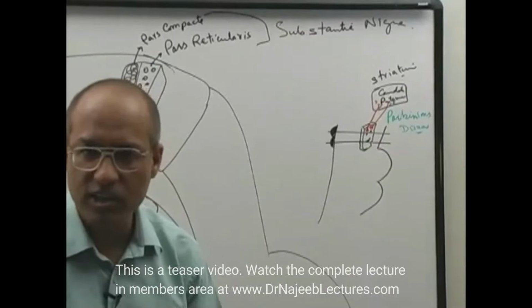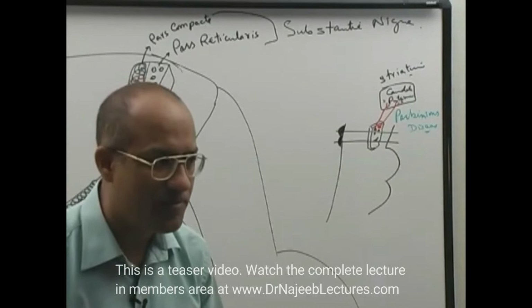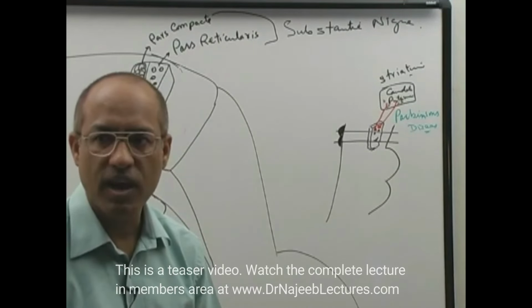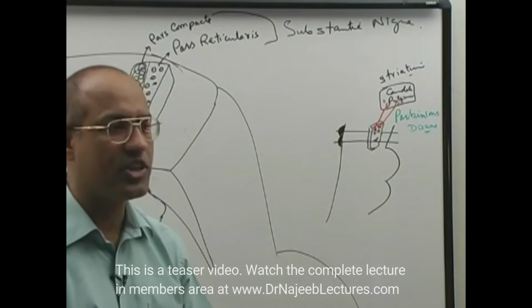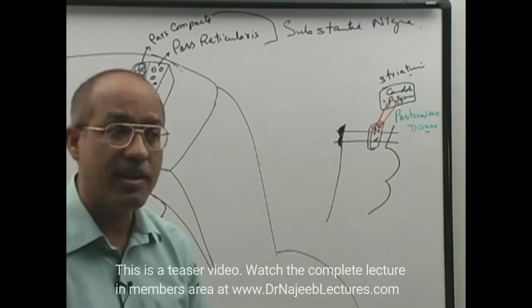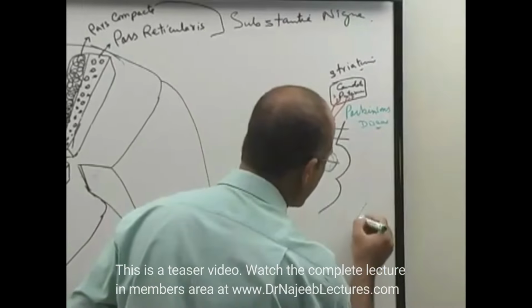When there is difficulty in initiating movement, we say there is hypokinesia, number one. Number two, these people have rigidity, a special type of rigidity, and with that they have tremors. So Parkinson's disease has these components.